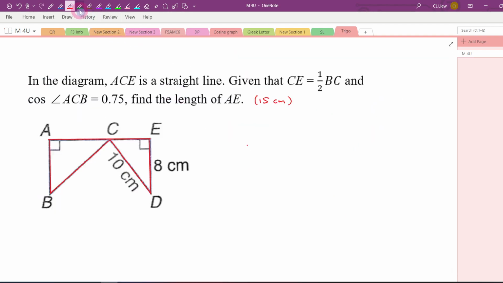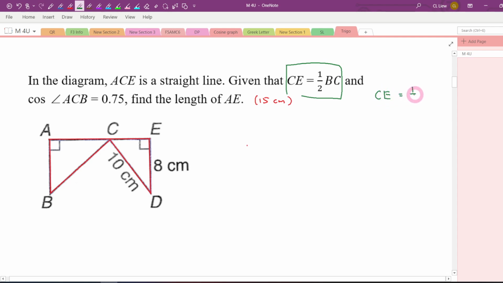Let's try another question. In the diagram, ACE is a straight line. This is a straight line. Given that CE is equal to 1 over 2 of BC. Or maybe you can write this way.